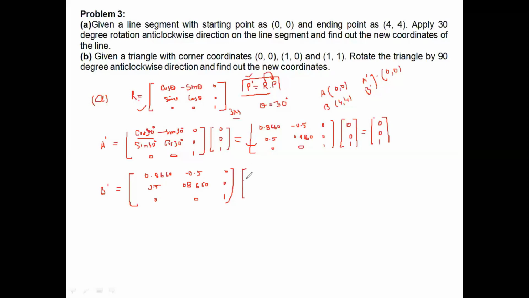We'll keep the old point of B, which is 4 4 1. After multiplying these two matrices we will get 1.464 and 5.4.